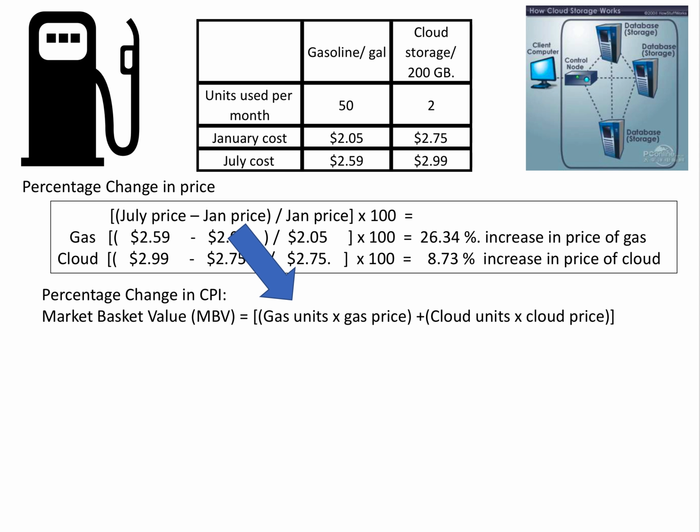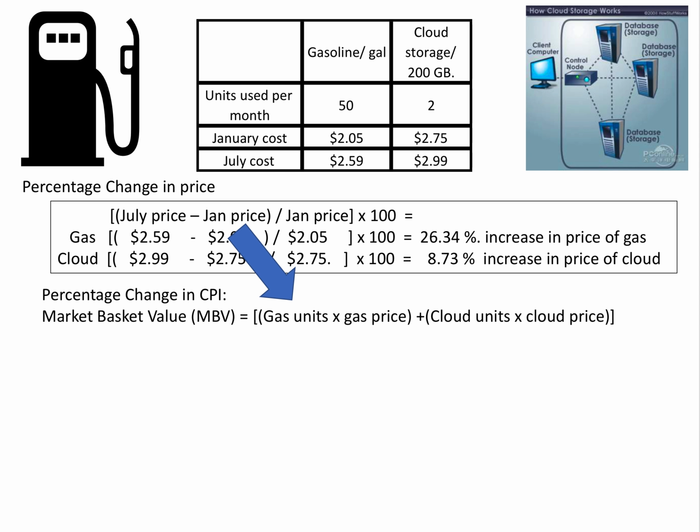To compute that, we take the number of units of gas per period of time, times the gas price, and add that to the number of units of cloud storage multiplied by the cloud price. And then we add those two numbers together.